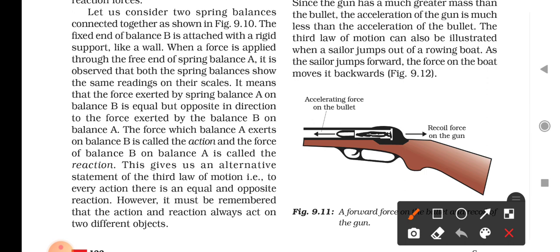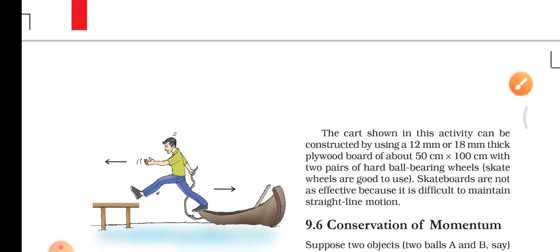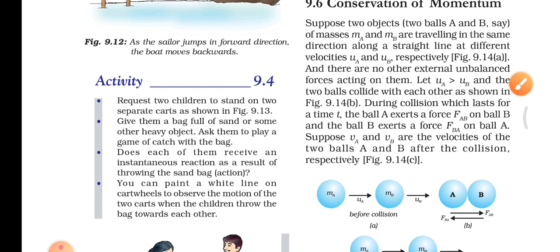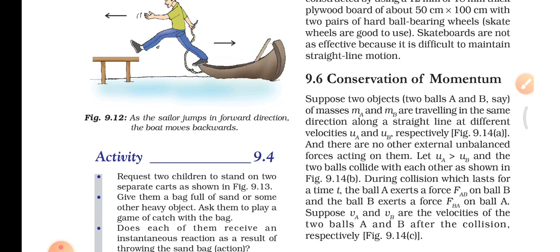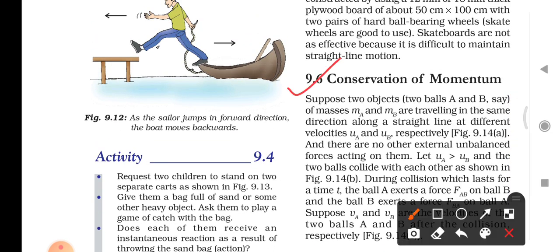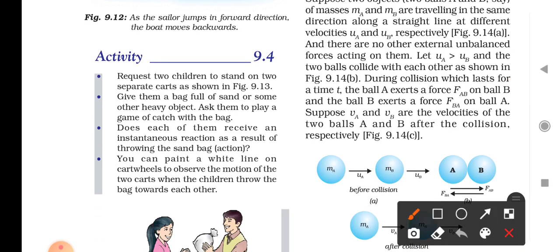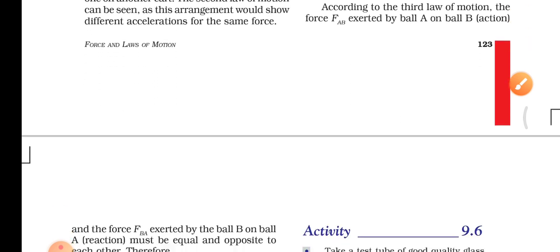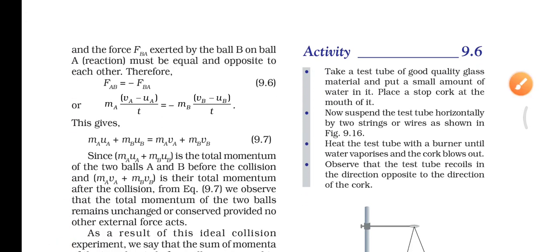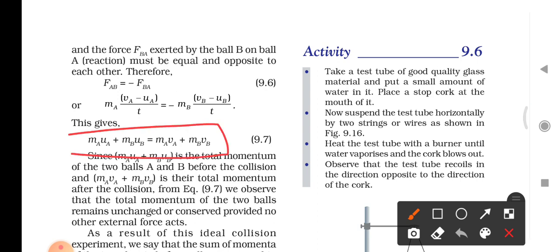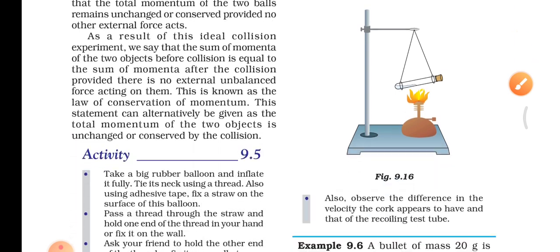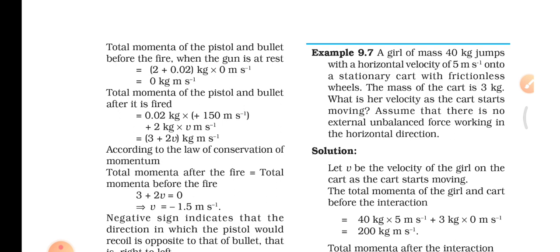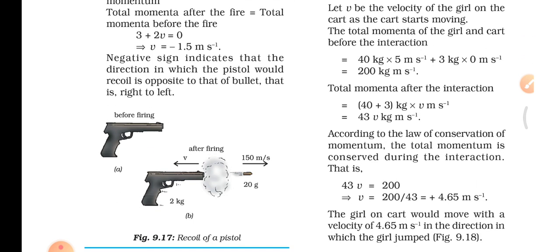The next one is also explained, and this is also explained. The next topic is conservation of momentum 9.6, and this is the derivation of conservation of momentum. See, in the final derivation, this is the conservation of momentum formula. Take your book and read the topics that I discussed in the video.